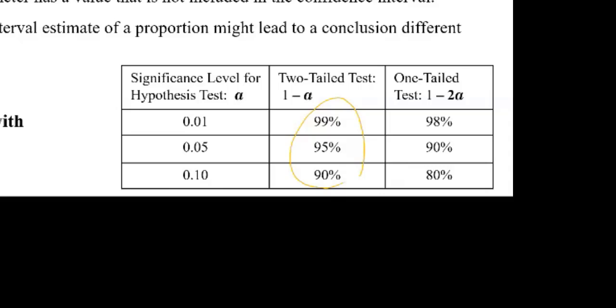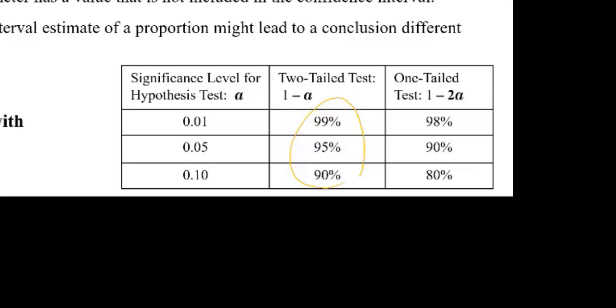It is also known as the probability of making type 1 error. A two-tail test and a confidence interval, they are complementary. So if you have a 99% confidence level, alpha is 1% for a two-tail test, they are equivalent. 95% is 5%, 90% is 10%. That's very straightforward, I hope. But what if you have a one-tail test? Understand the case of a one-tail test.